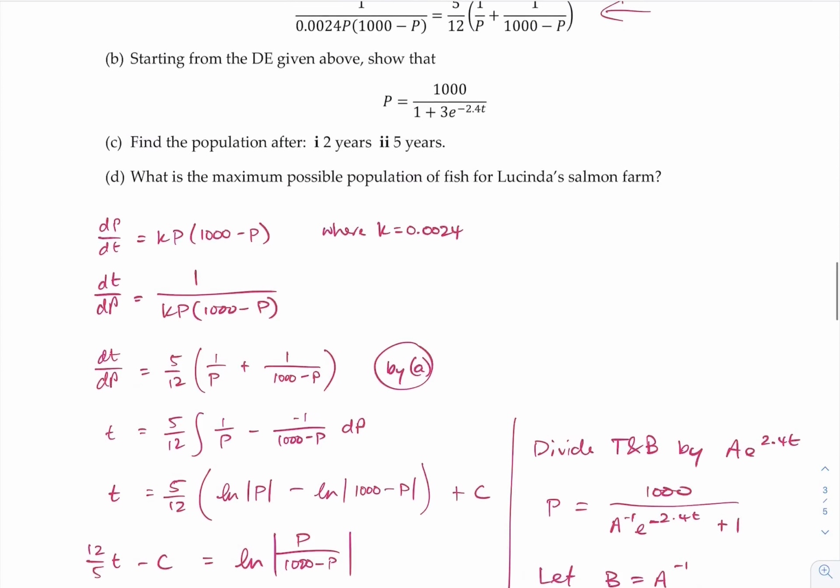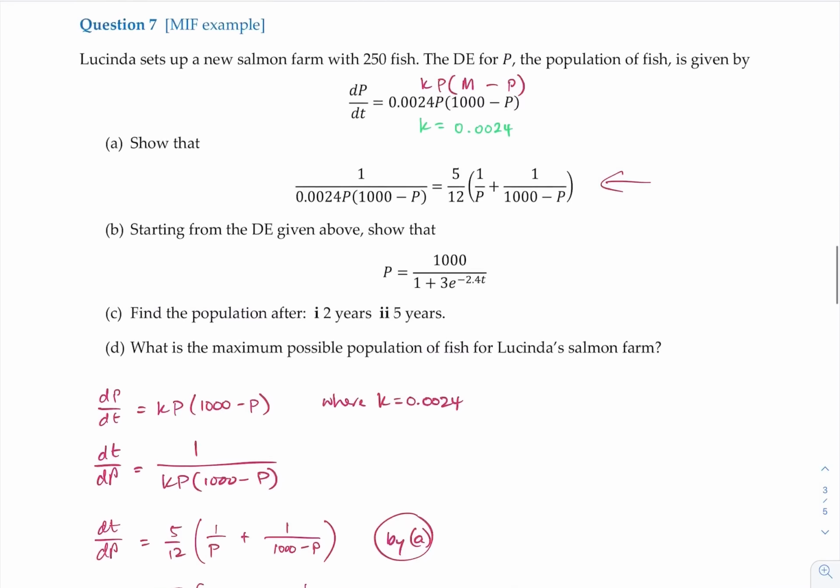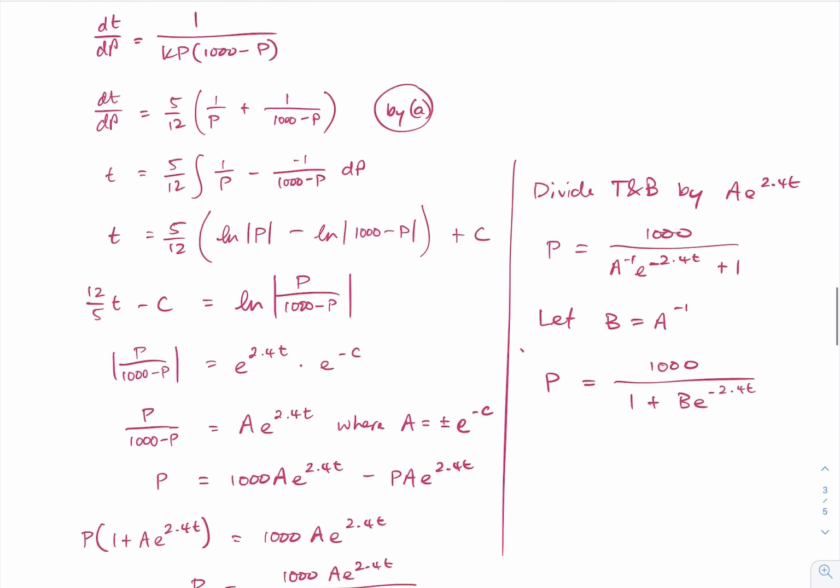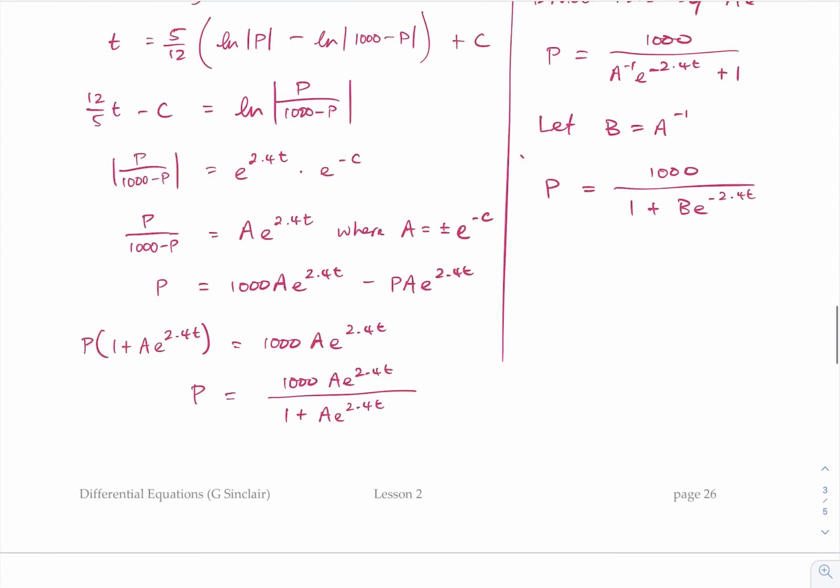And now, started a salmon farm with 250 fish. So we can find the value of B pretty easily. So T equals 0, P equals 250.